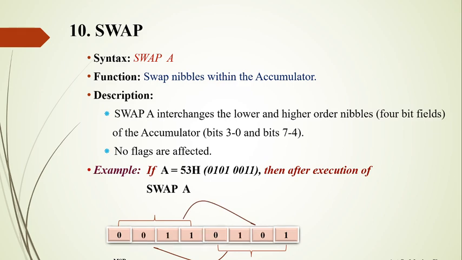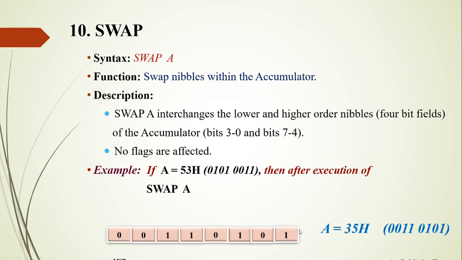So here we get upper nibble equal to 0011 and lower nibble equal to 0101. So we get A equal to 35H after the execution of this instruction swap A. Before execution it is 53H. After execution of this instruction it becomes 35H.